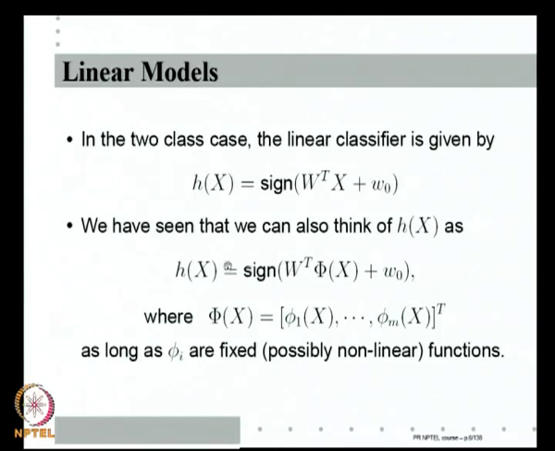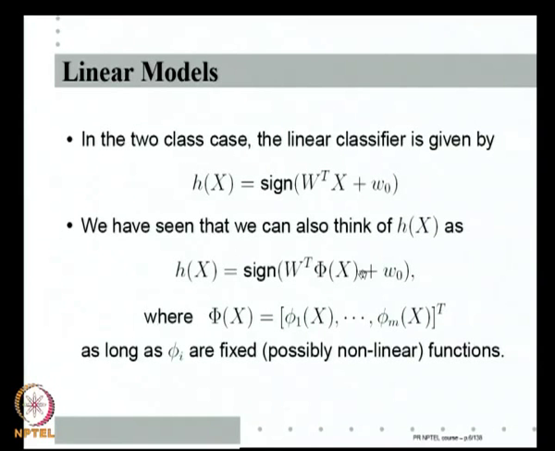If the phi's are prefixed functions, then this is still a linear model, because it is linear in the parameters to be learned. Phi's can be nonlinear functions of x, but that does not matter, as long as they are fixed. The only things we are learning are the parameters, and W transpose phi x plus W naught is still linear in its parameters. So, linear models will still work.